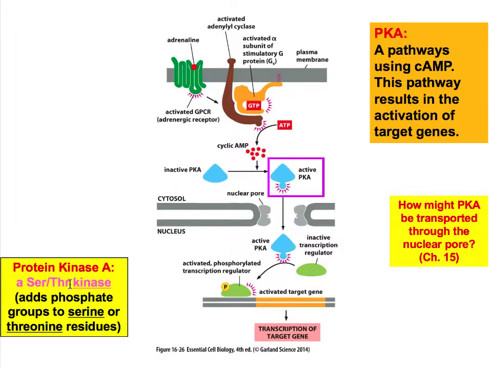These are amino acids on the surface of the green molecule. So the active pKa will take from ATP, its phosphate, and then shuttle that onto these two positions on the surface of the green molecule. You need to know this difference as well. So pKa has two functions. One is to activate enzymes, and the other, in certain other cells, is to activate genes.